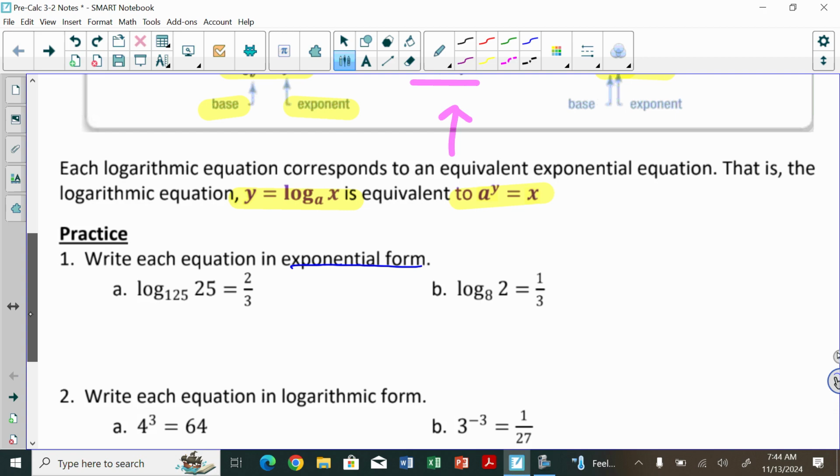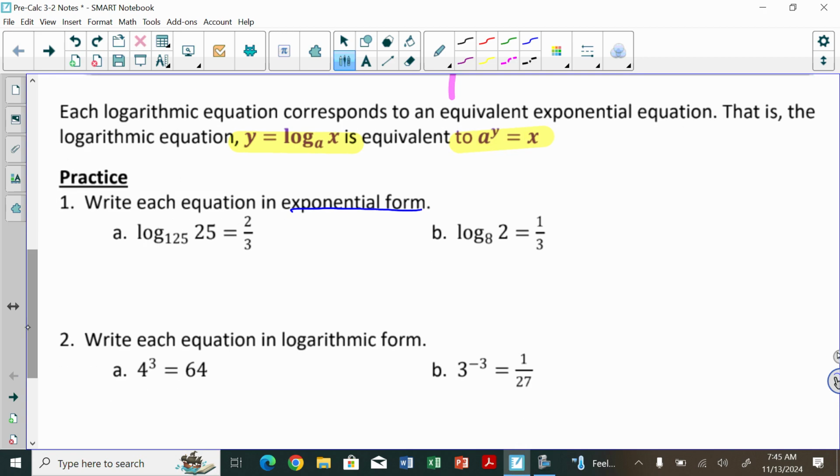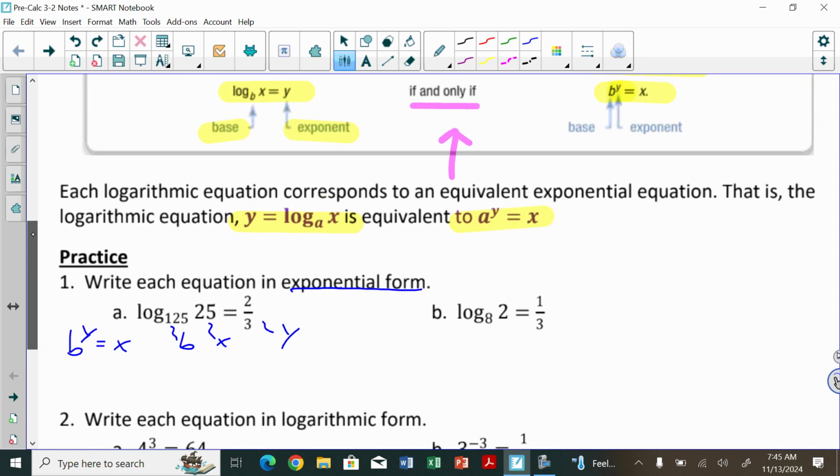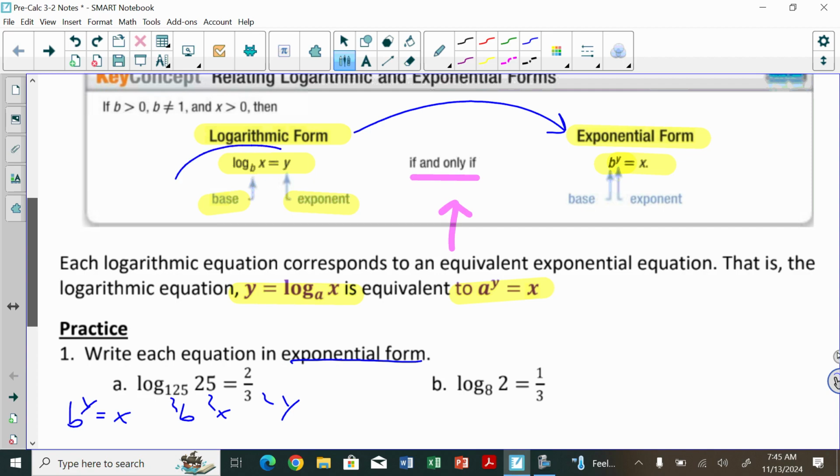Remember, exponential form is b to the y equals x. We label our stuff here. We know from the above table that that's our b value, this is our x value, and this is our y value. I'm getting that from this place right here.